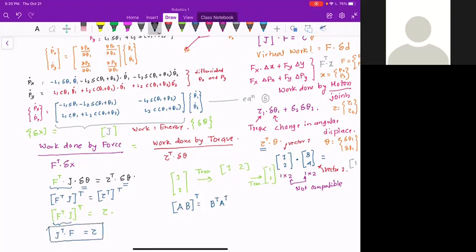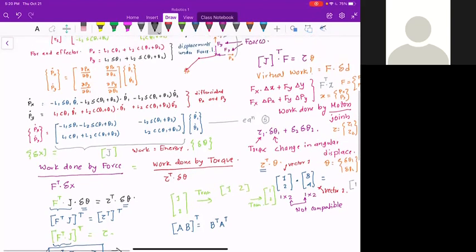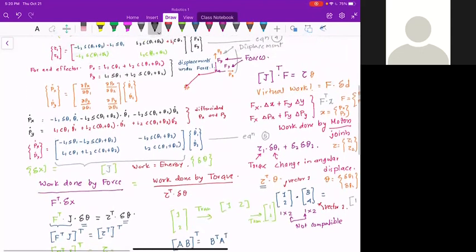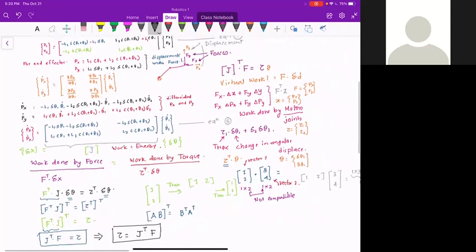Now the question is, how is this equation related to what we have over there? Look at this equation: tau is equal to J transpose F. And believe it or not, this is equation 4.